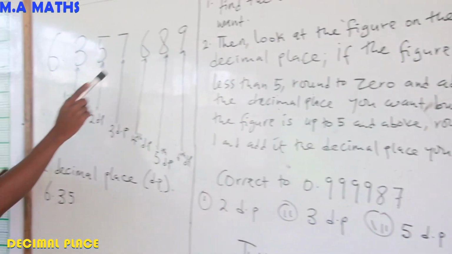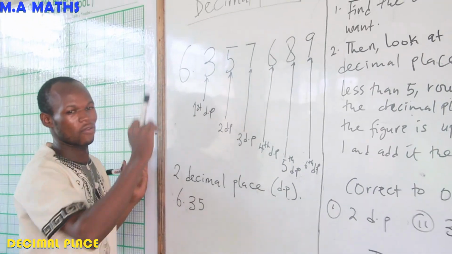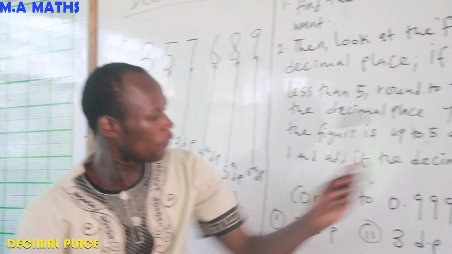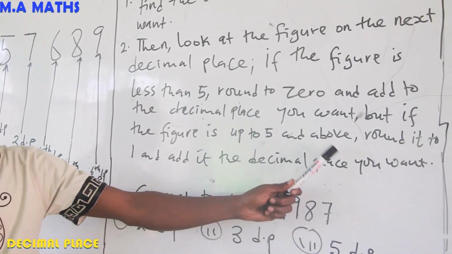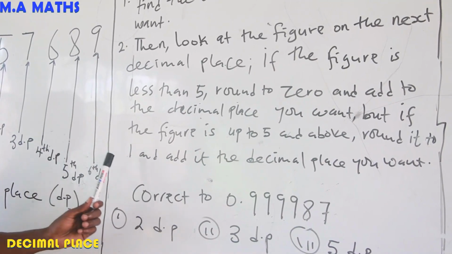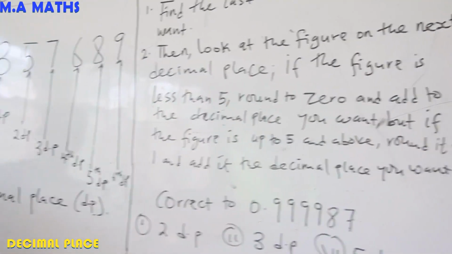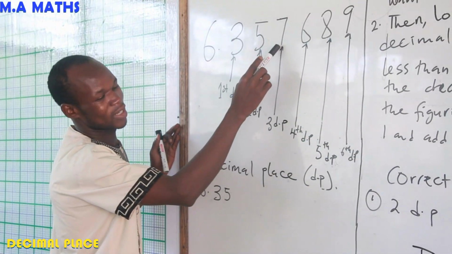So we look at it. Is it less than 5? We round it to 0. But this one is more than 5. Let's see what we will do. If the figure is 5 and above, round it to 1 and add it to the decimal place you want. We want 2 decimal places and the next figure is 7, which is above 5.